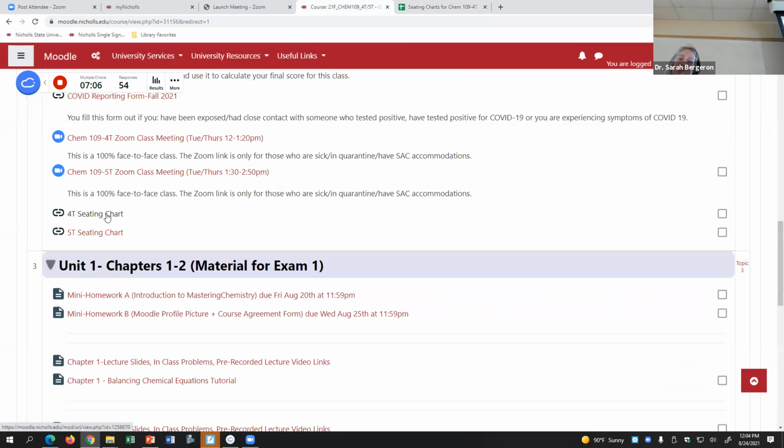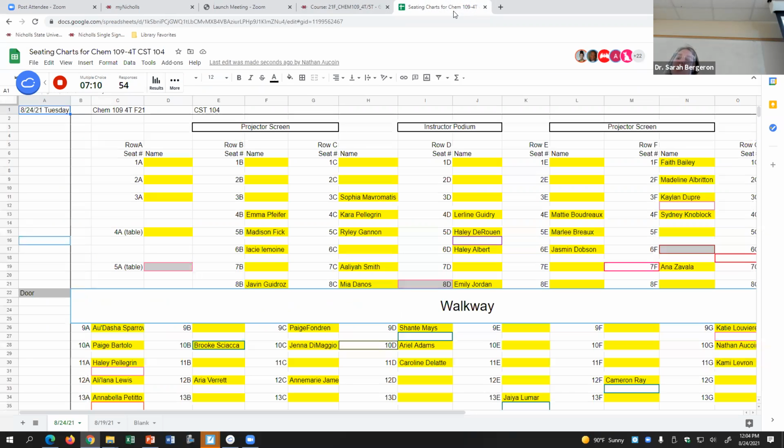Okay, so make sure that you're doing the 4T seating chart and not the 5T. Make sure you're doing 4T. Okay, anybody have problems? Can't do it? Anybody? What happened? Try a different Wi-Fi. There are 2 different Wi-Fis in this building. Can you do it on your phone? It's not letting you type your name while you're on your phone.